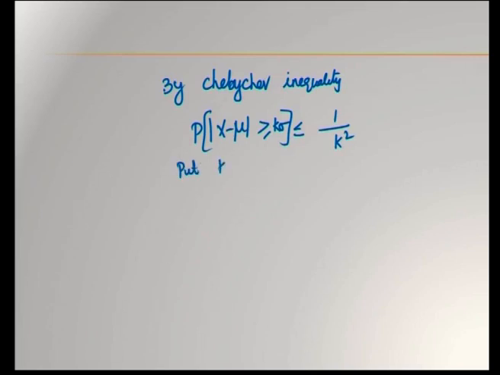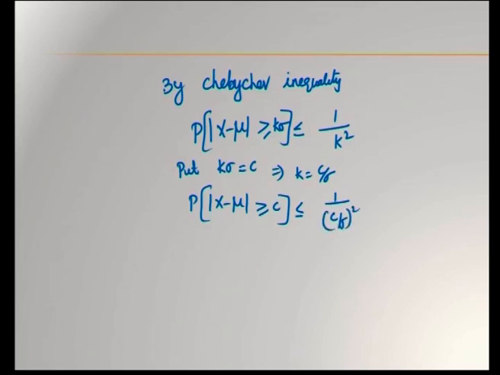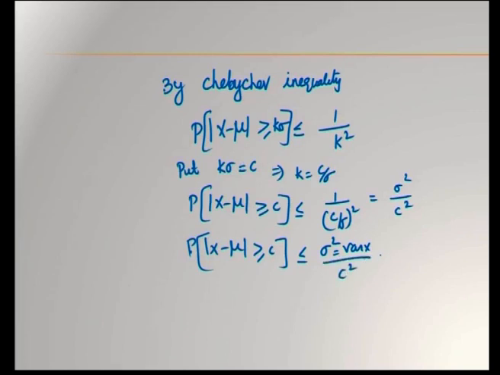Put k sigma is equal to some c, then k is equal to c by sigma. So, you have P of modulus of x minus mu is greater than or equal to c is less than or equal to 1 divided by c by sigma whole square, which is equal to sigma square by c square. So, you have P of modulus of x minus mu greater than or equal to c is less than or equal to sigma square, which is variance of x, by c square.